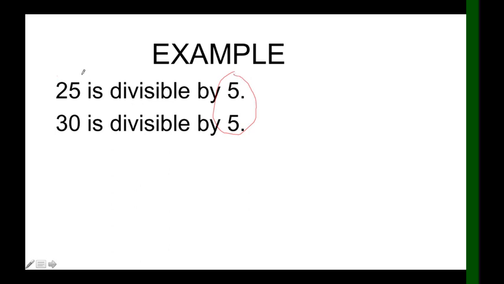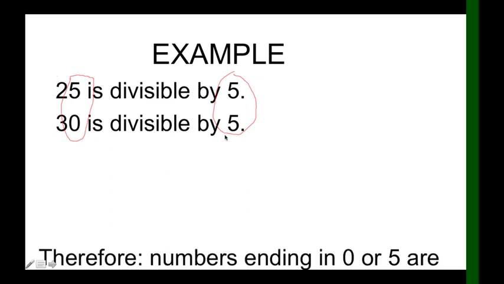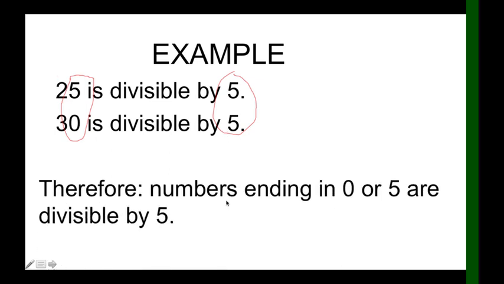In general, if we conclude this, the last digits in 25 and 30 are 5 and 0. So we can conclude that numbers ending in 5 and 0 are divisible by 5. So that's how we conclude in inductive reasoning. It is broad, it's general.